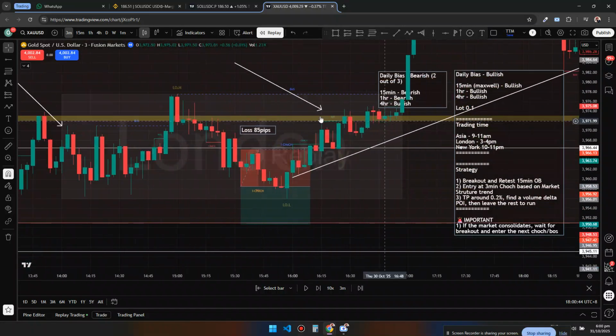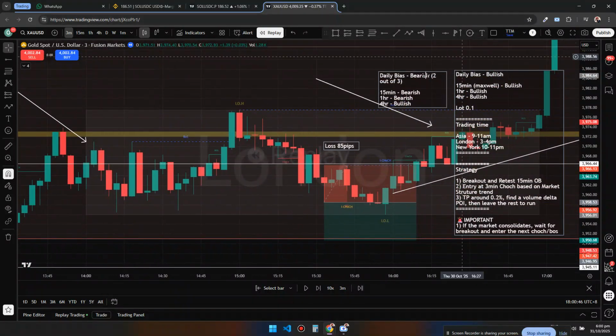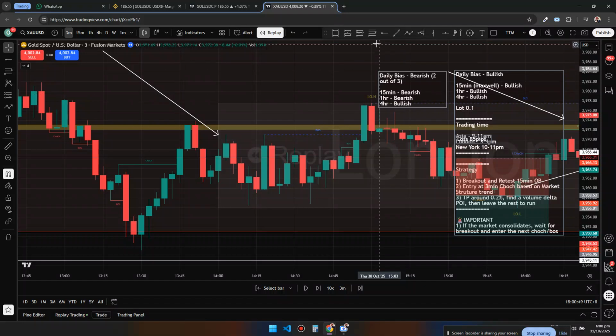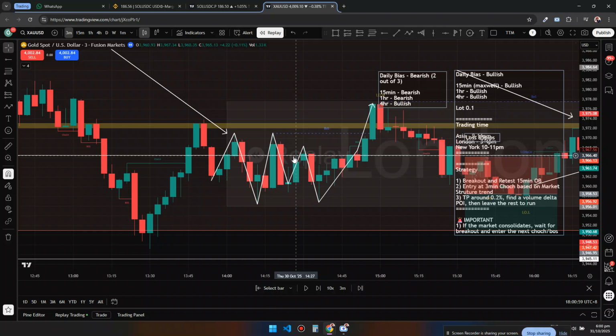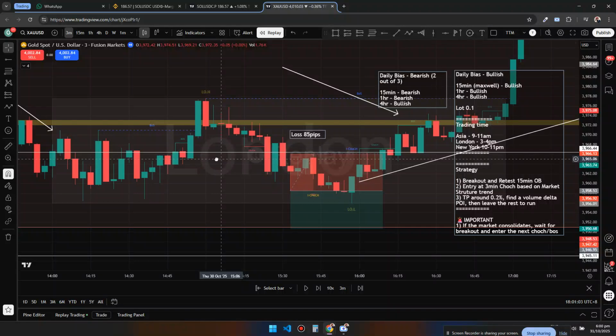Then on London, so same thing. You see the market here is consolidating. So this is where many people will lose money because it's not going up, it's not going down. So what do I do in this market?